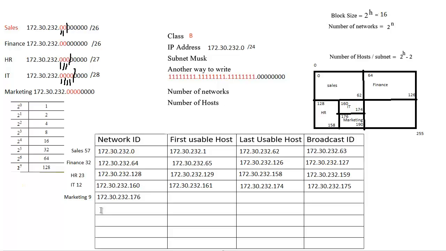So the next network is 176 plus 16, which is 192. So the next network ID is 192, and the broadcast ID for this network is just before this, so 191.